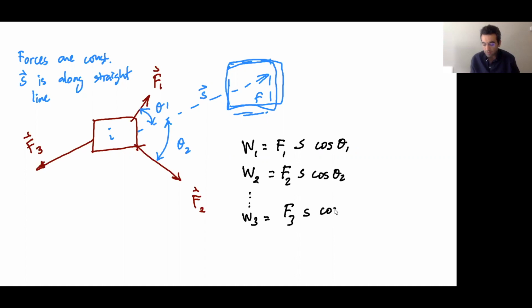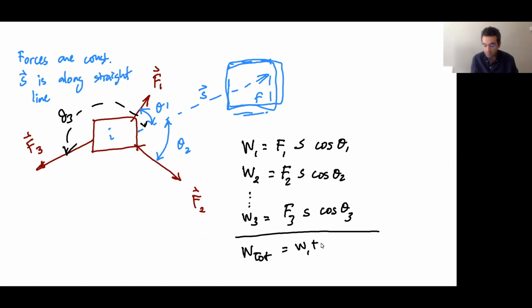So for each one, you calculate the work done by that force by saying it's the magnitude of the force times the magnitude of the displacement times cosine the angle between the displacement and the force. And the sum of all of that is the whole work. 1, 2, 3, and if there's more, you add more. That's called the total work, sometimes also known as the net work.